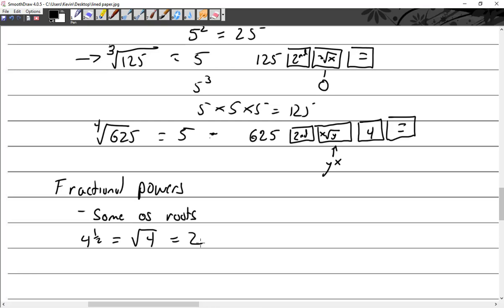I think we could even do it on your calculator as 4, y to the x, 0.5. You have to do the point, then the 5, and then equals, and it'll come out 2.